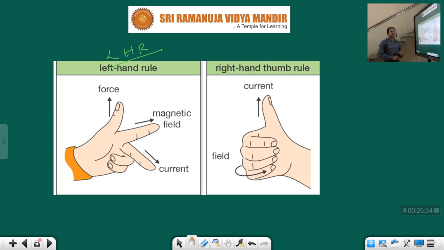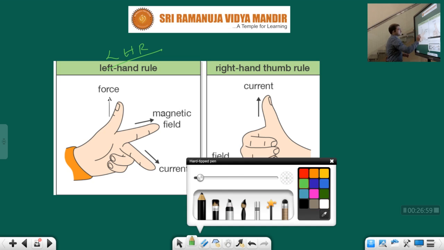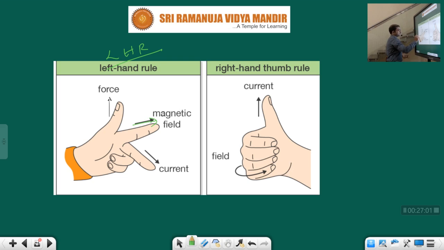By using the left hand rule we can find. See, children, let us take three fingers perpendicular from the left hand. Thumb represents the direction of force. Sorry: forefinger represents magnetic field, and middle finger represents current.